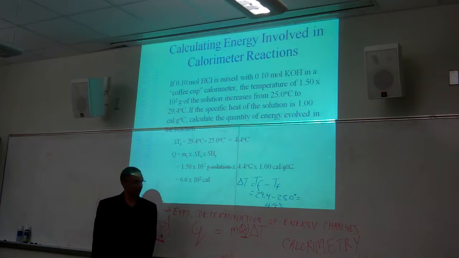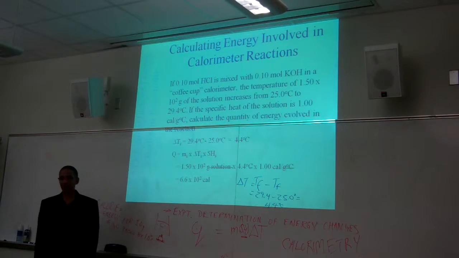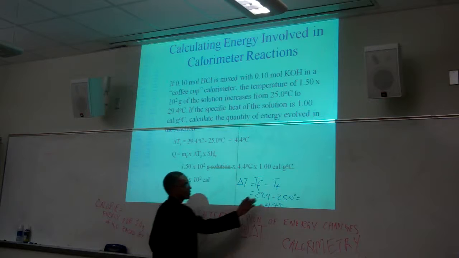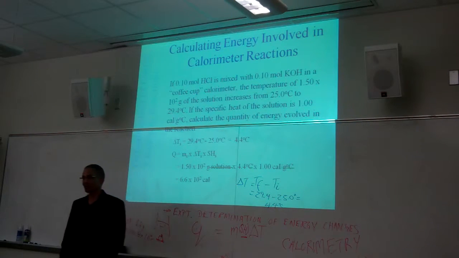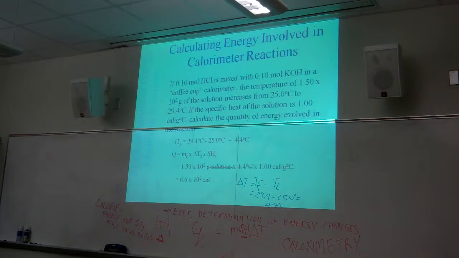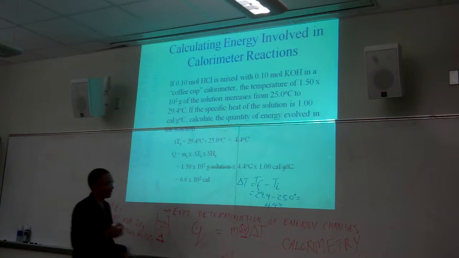Do I need to put that in my calculator, or that's right? Yeah, final minus initial. So that's 4.4, right? Delta T is 4.4.